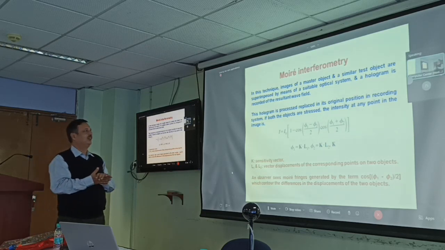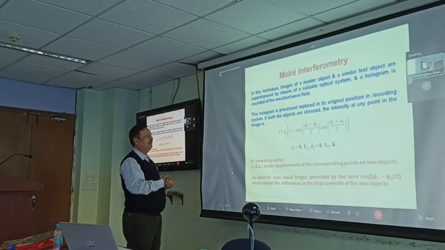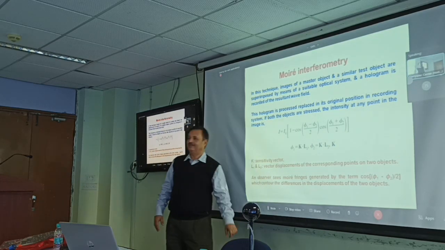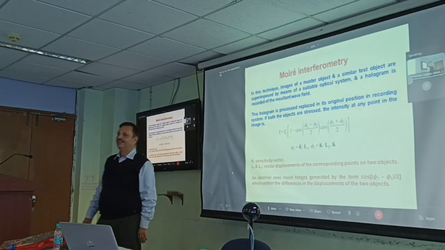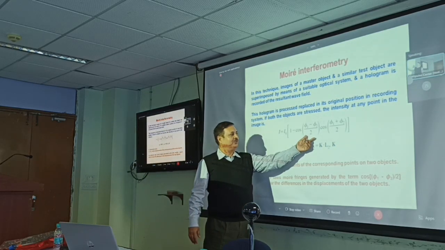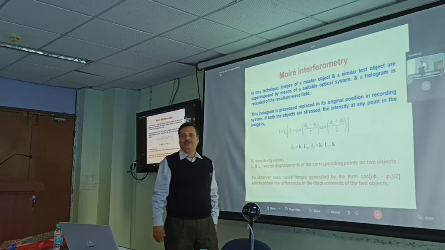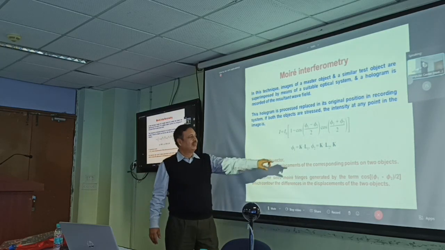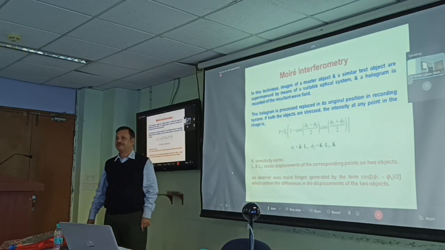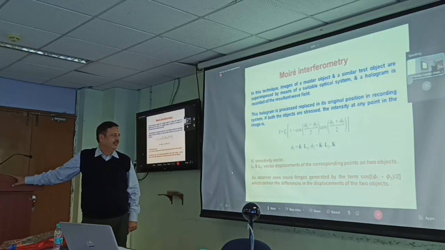It is just superimposition. A hologram is recorded of the resultant wave field. The intensity of that hologram is represented this way because you are superimposing. Here you have two terms, cos of phi 1 minus phi 2 by 2, and phi 1 plus phi 2 by 2. This is the term which is going to be very useful for measurement purposes.